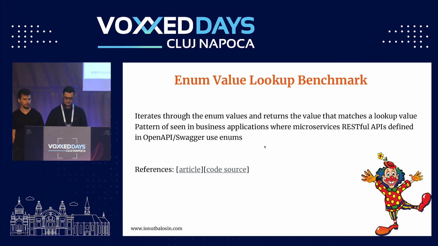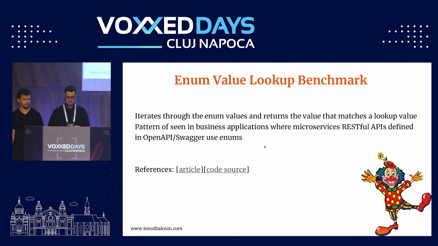And the first interesting benchmark was this enum value lookup benchmark. I'll try to explain it a bit. This was inspired by real use cases. We are using, for example, enums, right? We always declare enums. And at some point, we want to convert, for example, some string fields to an enum entry.